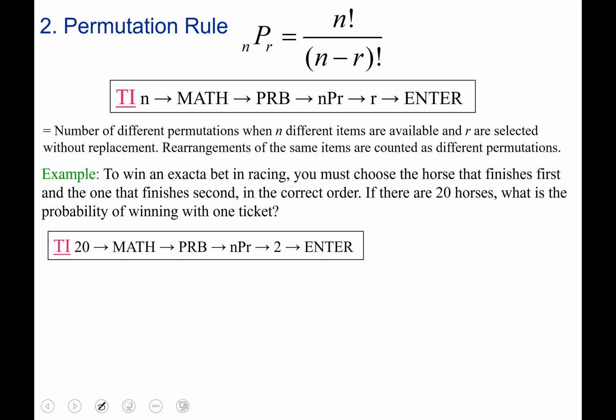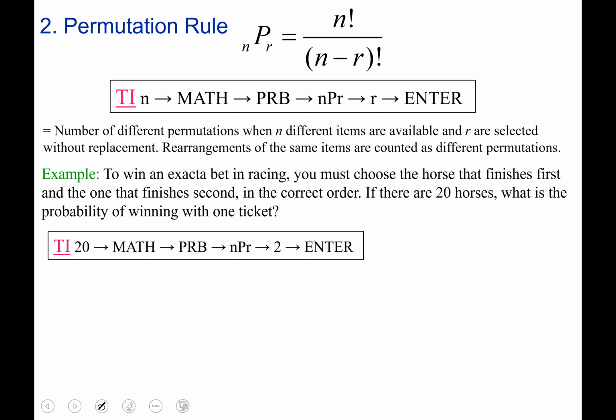All right, so we're going to take out our Texas Instrument. Let's do this together. Turn it on. Each version is a little different. These directions right here are from the TI-83. So type 20, because that's your total number to choose from. Then hit Math.